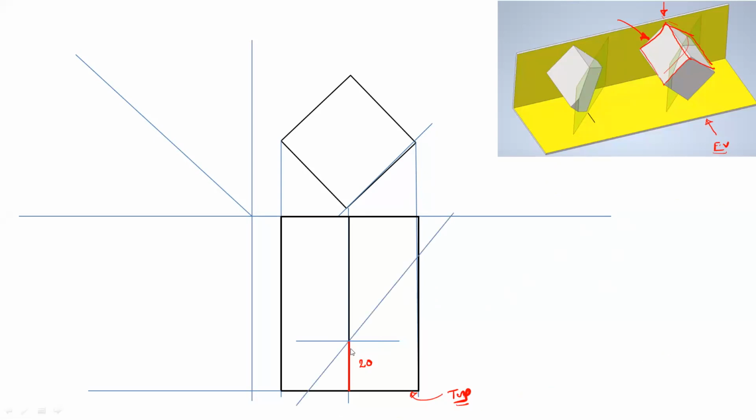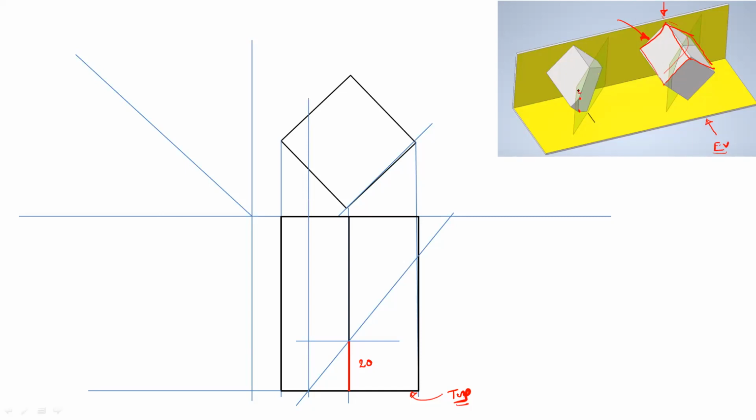So this is your section line. Now you can observe this image. Here, two sides of the top base are intersected by this section plane.